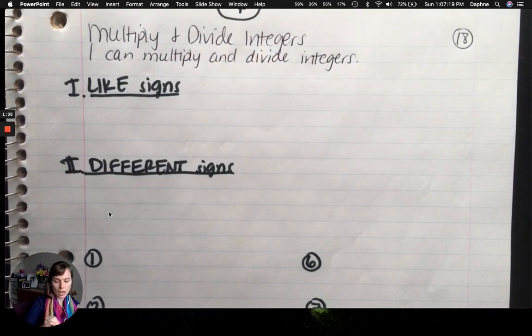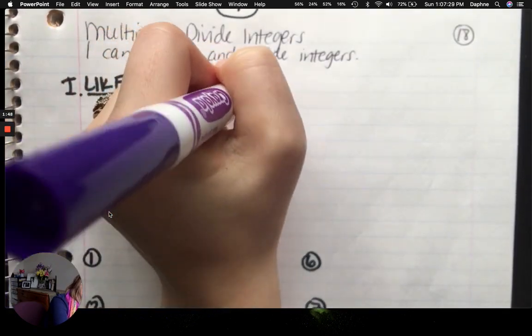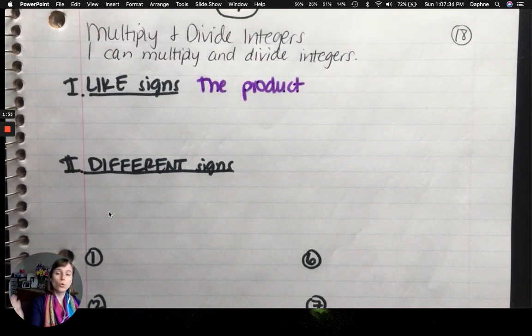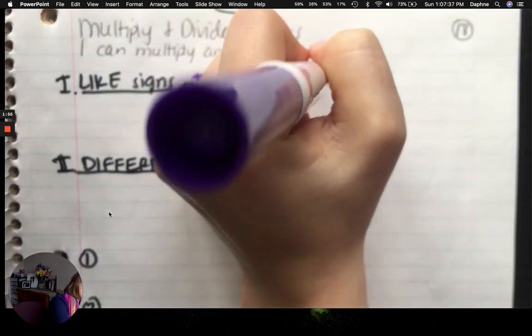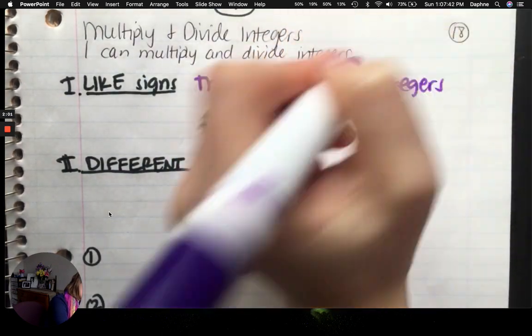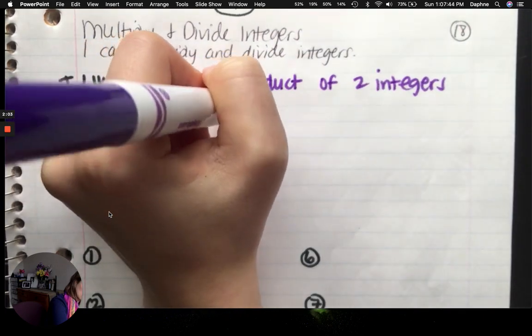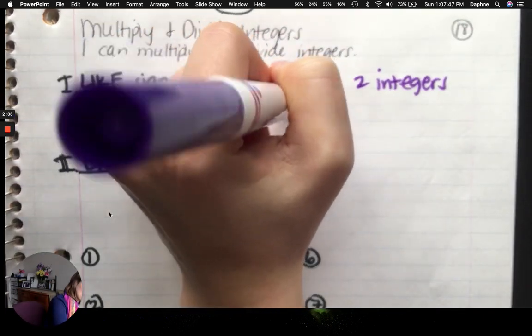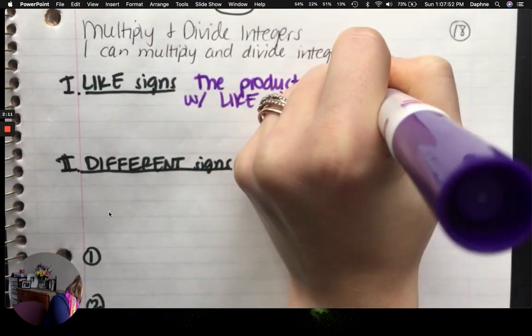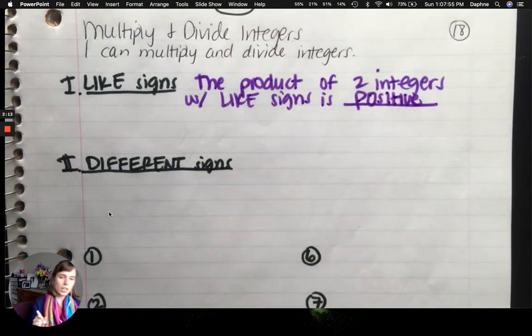So with like signs, if I'm going to multiply 2 numbers, the answer is called a product. So the product of multiplying, or the quotient for division, of 2 integers with like signs is positive.